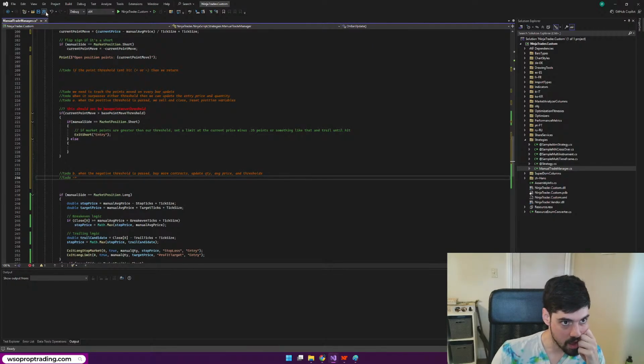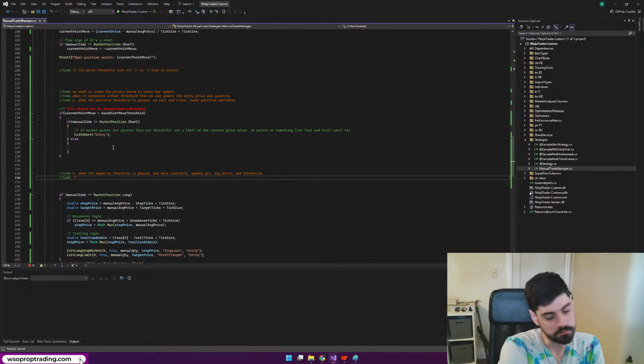All right. Yeah, I think that's basically the next step. Fleshing out this math a bit more. So if the market points absolute value is greater than the threshold absolute value, we set a limit at the current price minus 0.25 points, so that would go either direction depending on if we're buying or selling, and then keep updating that until that gets hit if our threshold is passed, right?